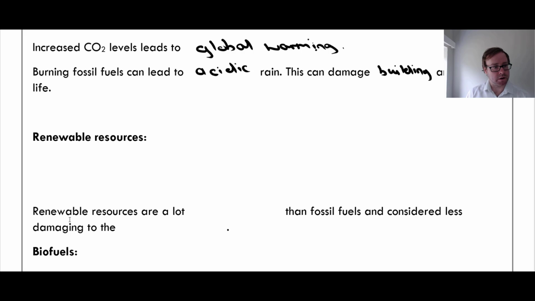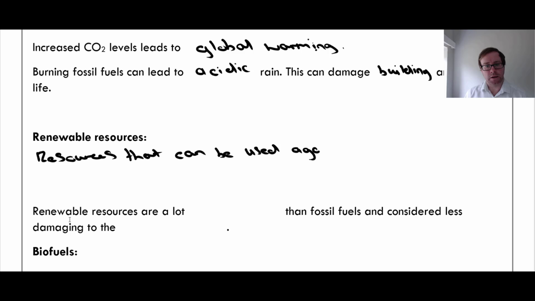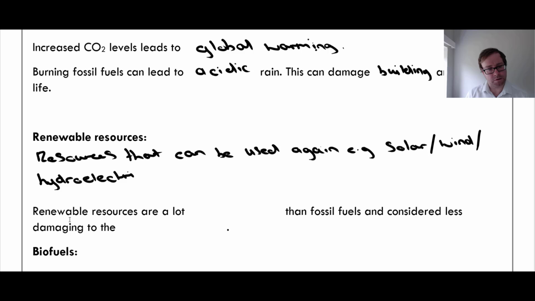Okay, so renewable fuels. These are resources that can be used again. For example, and I'm sure you know these: solar, wind, hydroelectric, geothermal, and we'll put one more down, waves.